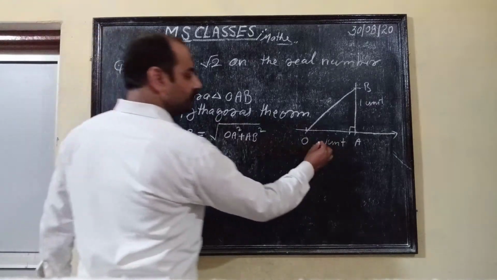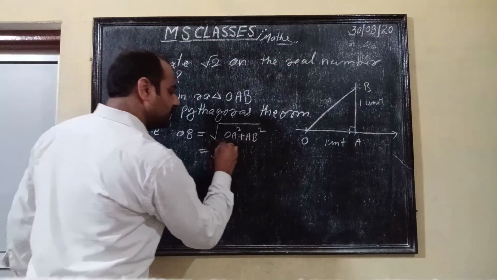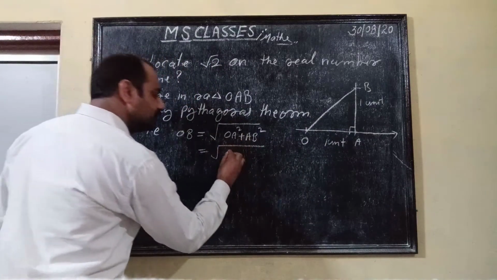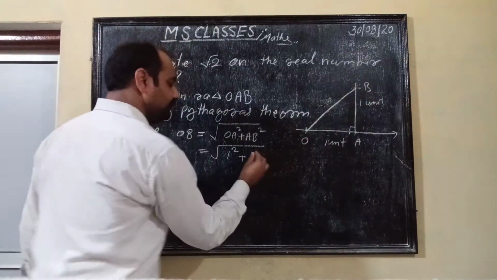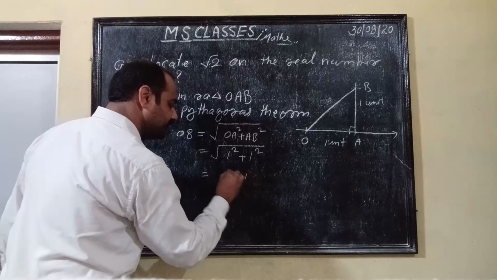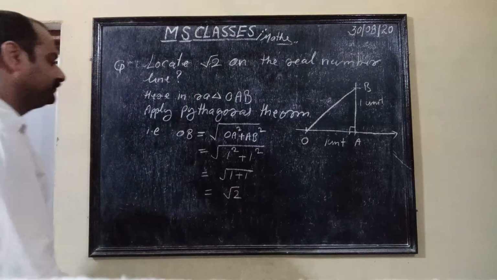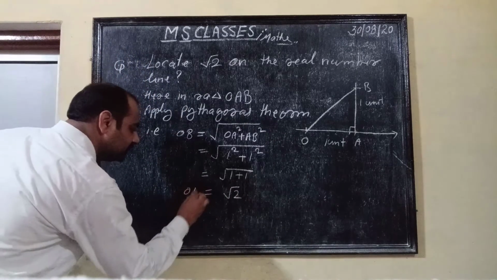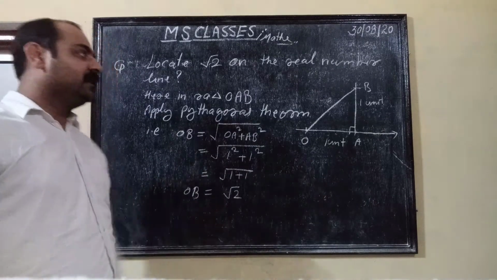We know OA is equal to 1 unit, so we write 1 square. Also AB is again 1 unit, so 1 square. So we get 1 plus 1, which is equal to root 2. That is, OB is equal to under root 2.